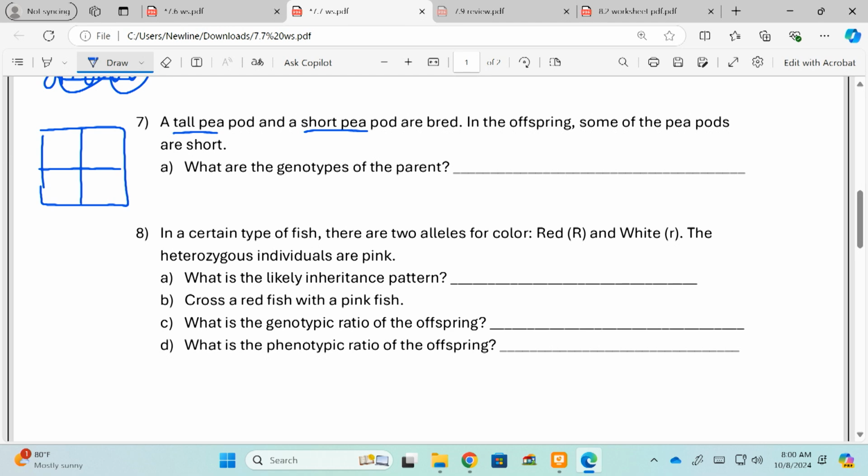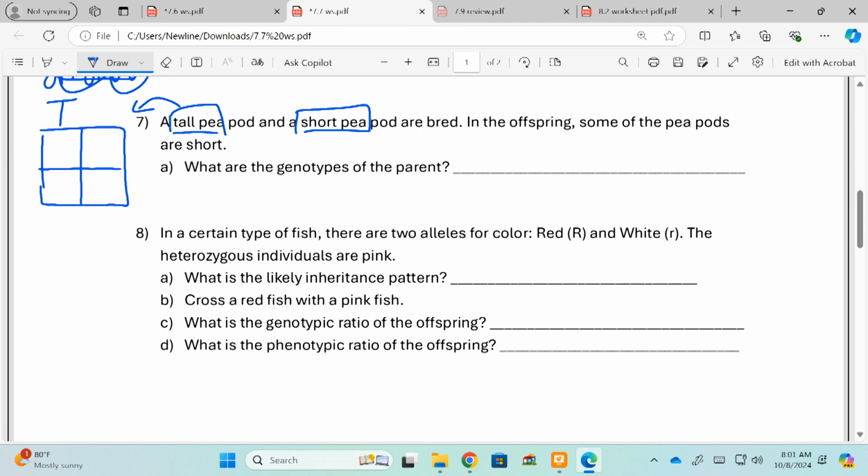We know that one parent is tall, okay? And so remember that for the tall and the short, we're using the letter T. Well, because this pea pod is tall, we know that they have at least one capital letter. We don't really know what that other one is just yet. This one says a short pea pod.